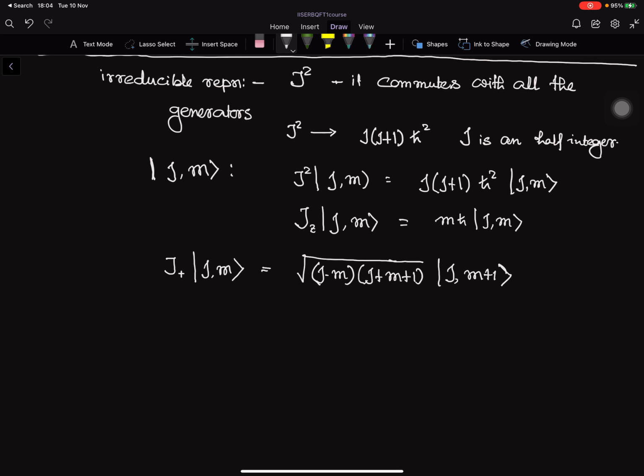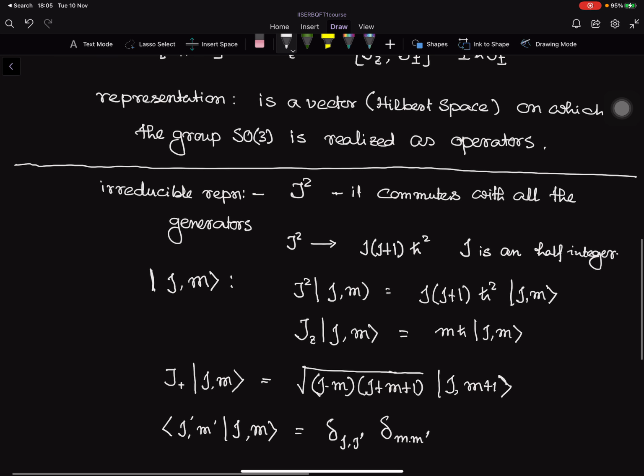We also choose these states to be unit normalized, which means ⟨j' m'|j m⟩ is Kronecker delta j j' Kronecker delta m m'. So this is basically the representation of the angular momentum algebra.